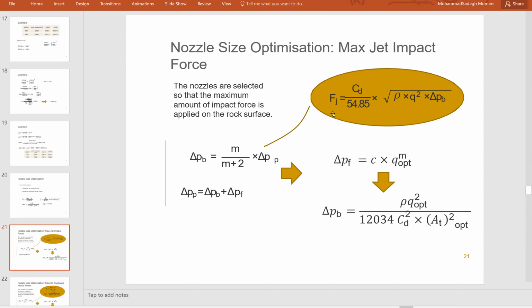So if I do that, and if I consider the delta PF as C Q to the power of M, I can find this equation. So whenever they tell us that the maximum jet impact force is the method for the nozzle size optimization, we have to use this equation.